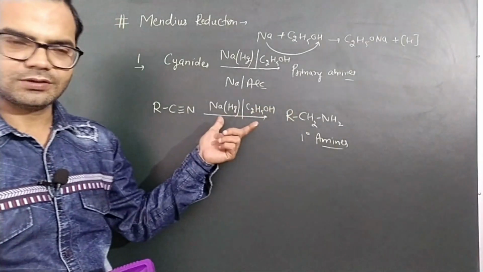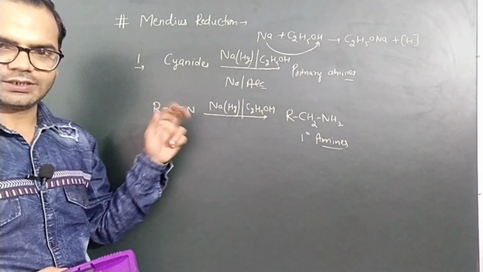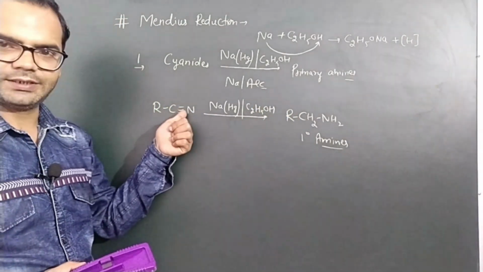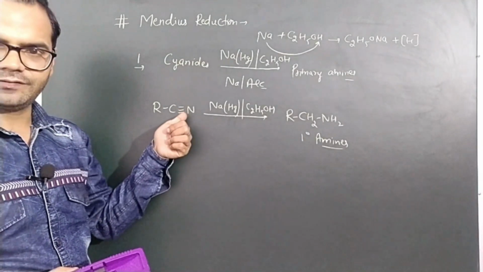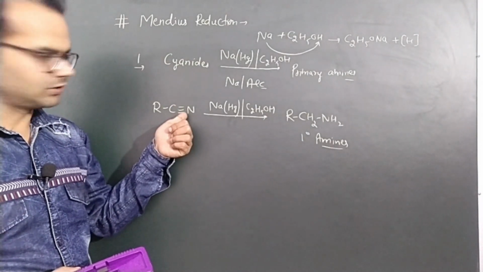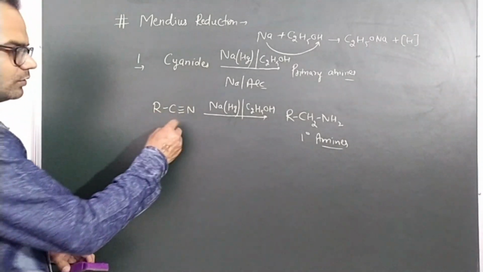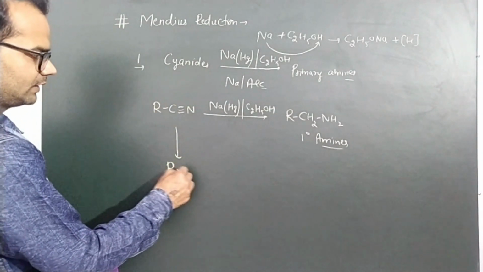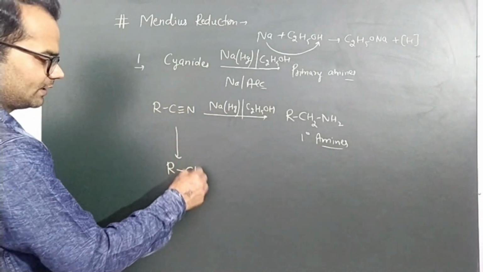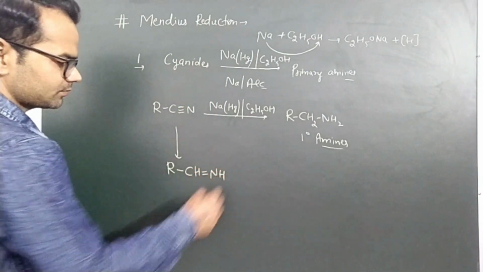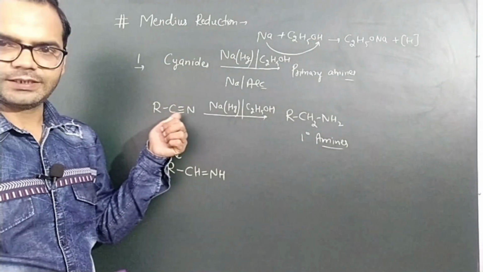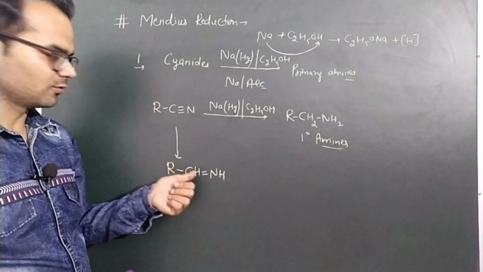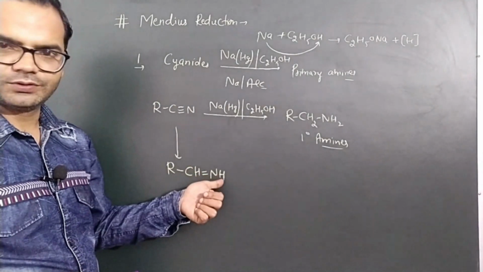How does this reaction proceed? As we know, in carbon nitrogen there are 3 bonds, 2 bonds are pi and 1 bond is sigma. Pi bond is a weak bond, so it easily dissociates or breaks down. So in step 1 we can say this pi bond breaks. As a result, 2 nascent hydrogens are added, 1 to carbon and 1 to nitrogen.